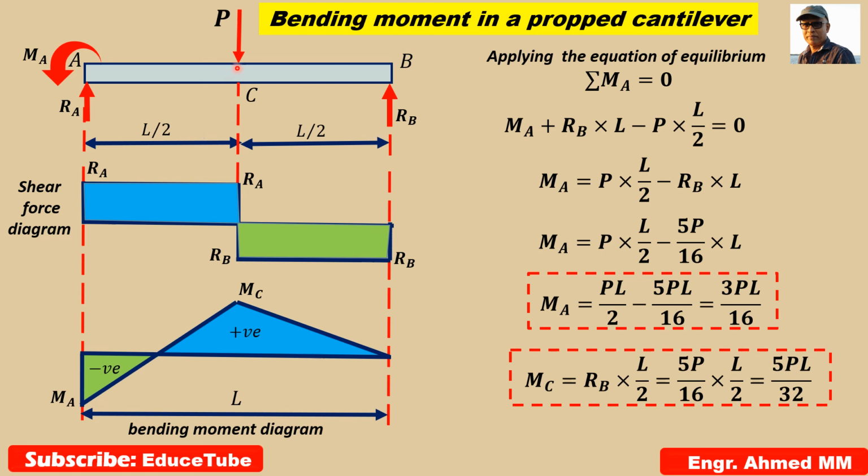To get the moment at this section, we just take RB multiplied by this distance, L by 2. So we get the moment for MC. RB already we know, 5P by 16 multiplied by L by 2, 5PL by 32, and this value is here.